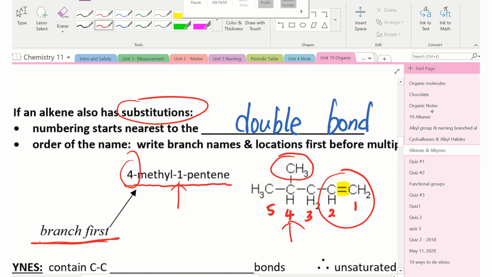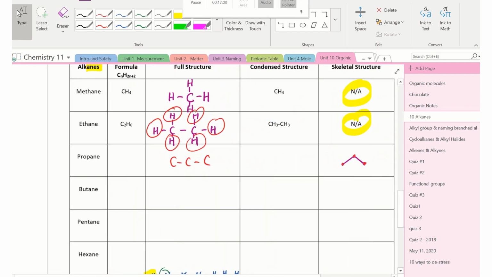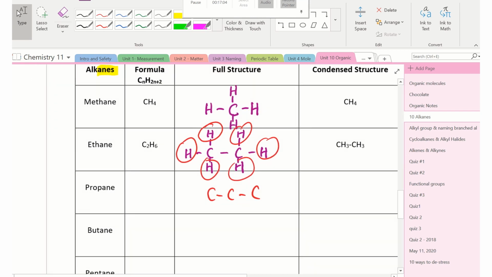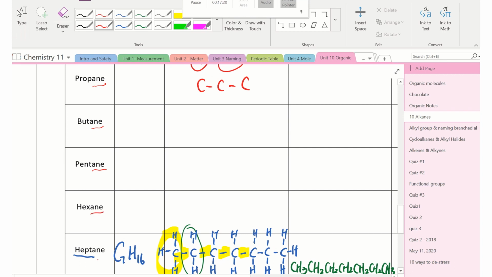So again, if you don't know how to name these guys, go back to the sheet at the very beginning of the organic chem. We don't really have methane because there's only one carbon here, but for all the rest you just change the name to the ending. Okay, ethene, propene, butene, pentene, hexene, right?